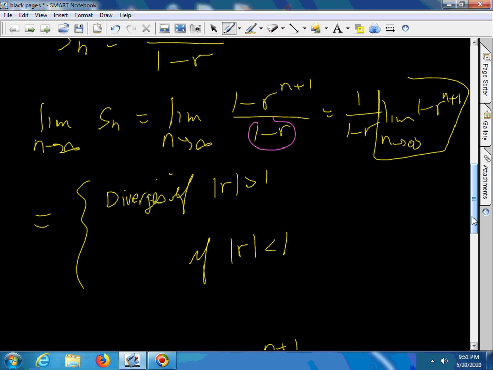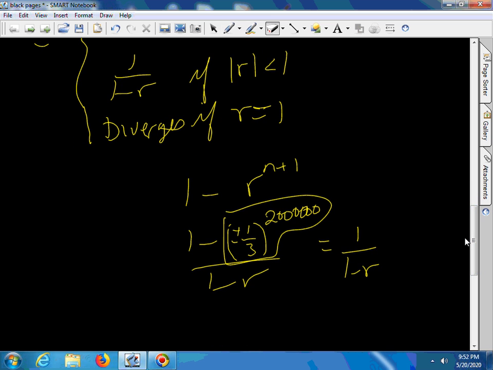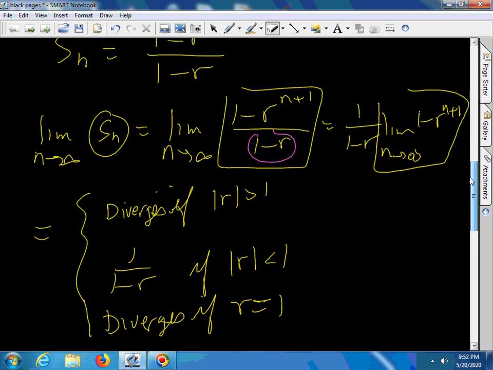So this limit that we just took, the limit of s sub n, goes to 1 over 1 minus r. And we talked earlier about what happens if r is 1. The infinite series diverges. So here is your proof. I erased a lot of the proof, but it's true.